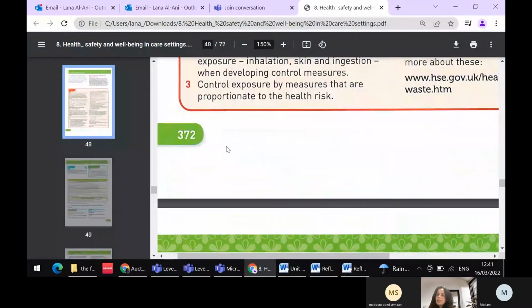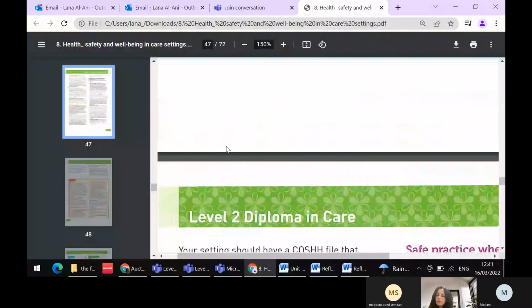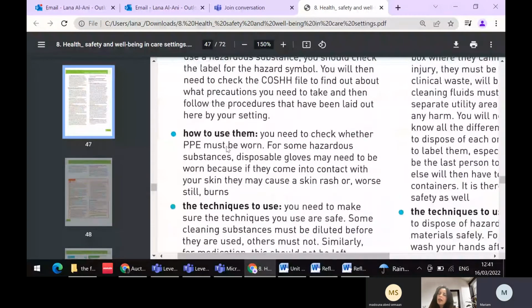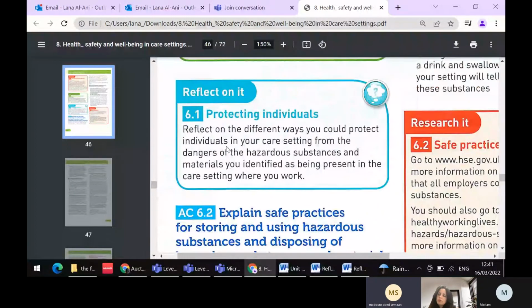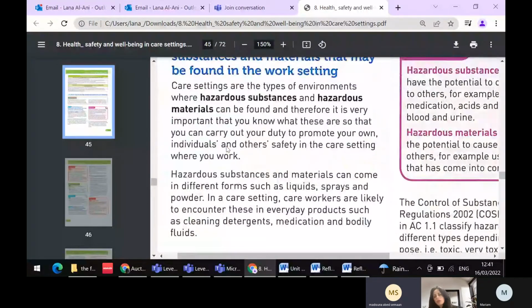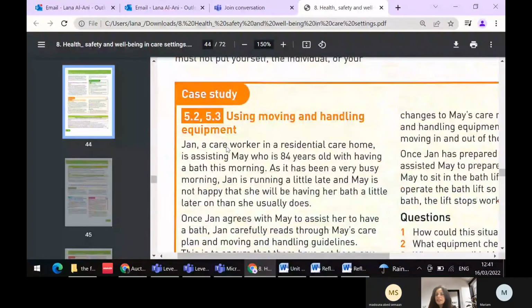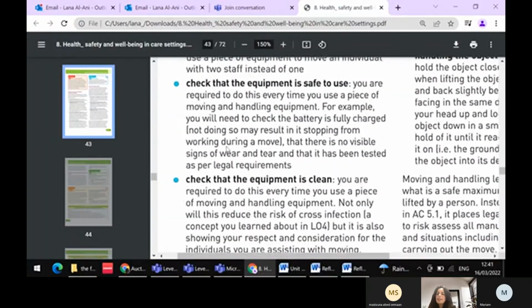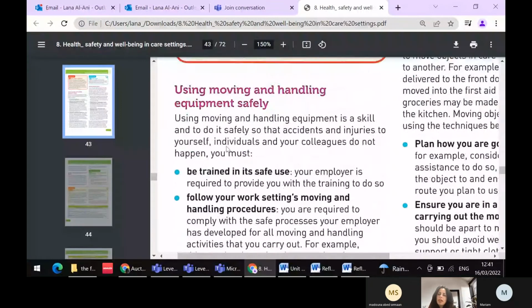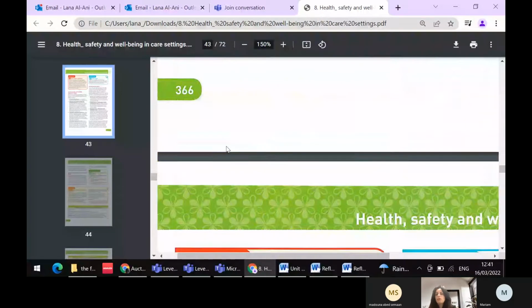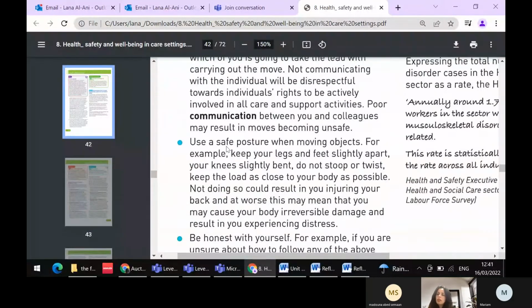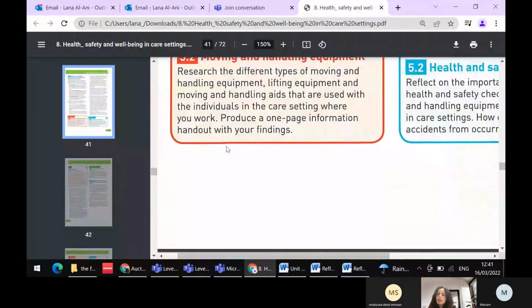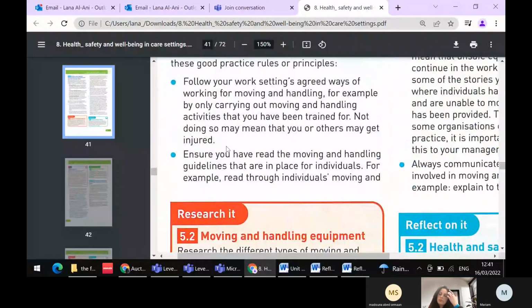So cleanliness is very important for you and for your client. So you need to wash your hands when you enter the setting. And the visitors as well, they have to be sanitized as well. Very good, excellent. Not only us, not only my client, but the visitor as well. I need to make sure to ask them to wash their hands before they get in, because it's very important. Well done. Any other things you can do to control infection?